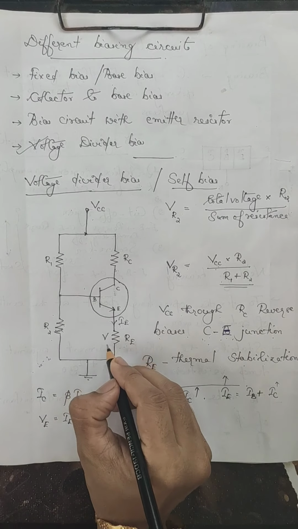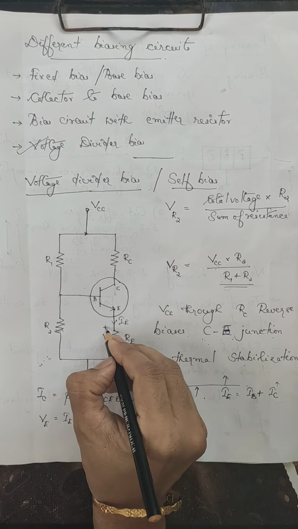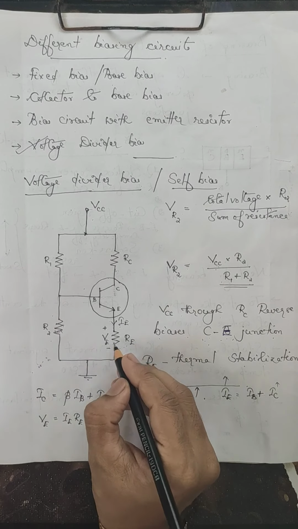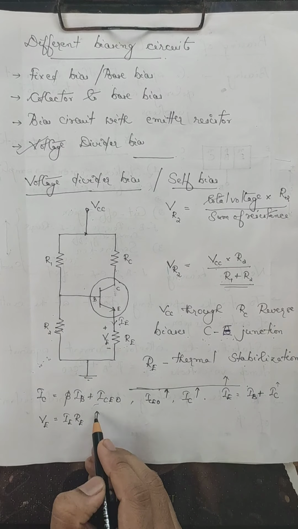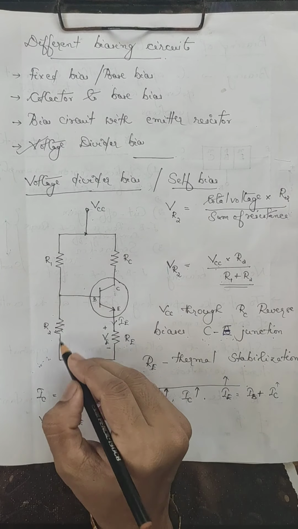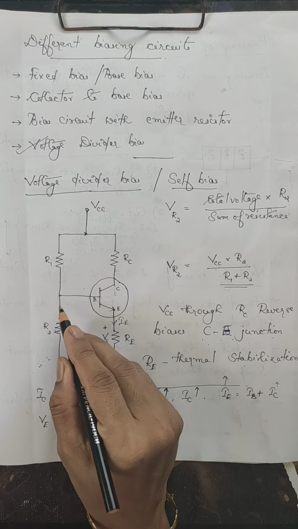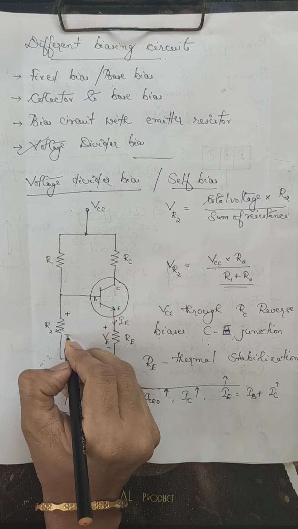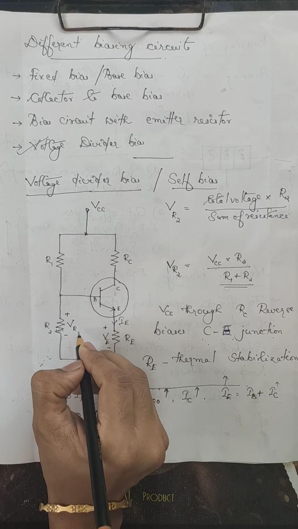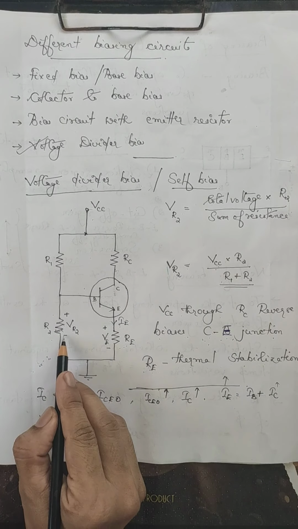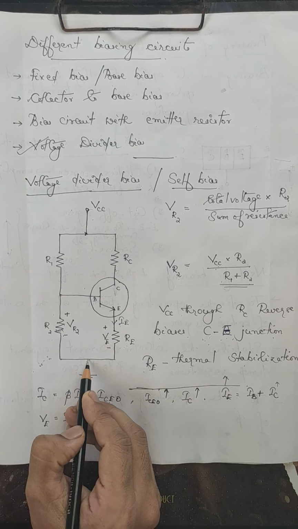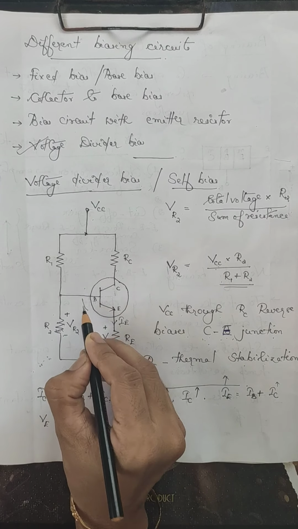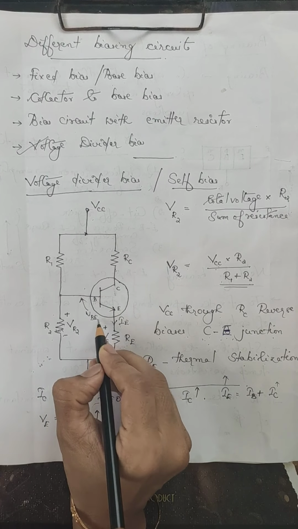So this is VE, and the polarity can be marked as plus minus, because we always mark the negative sign near the ground. When IE increases, VE increases. If we consider this loop, we can write the different voltages: the voltage across R2 is VR2, with polarity like this because the negative sign is marked near the ground terminal. Another voltage is the voltage across the emitter base junction of the transistor, that is VBE.